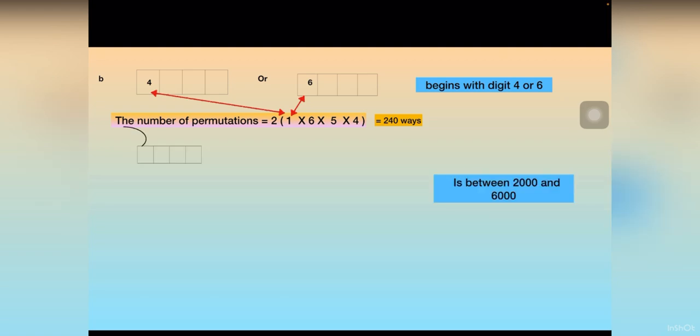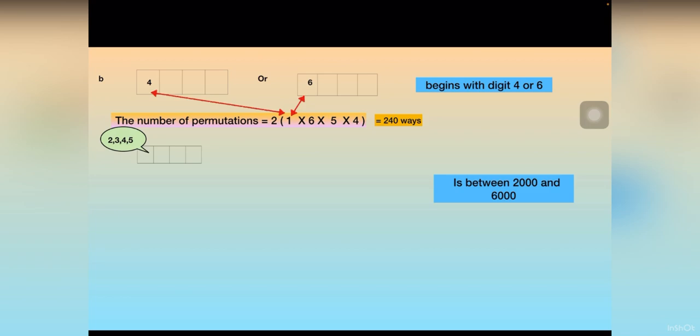And now we go to the next one, between 2,000 and 5,000. Remember that we have to form a 4-digit number. In the first box, we only have number 2, 3, 4, or 5.